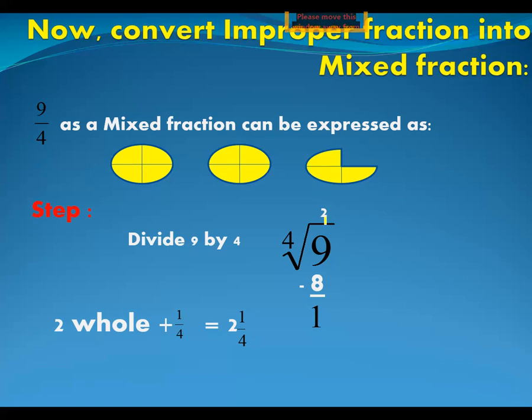And the quotient will be on the placement of a whole number. It means like this, you have to remember the positions of only two numbers, the whole part and the numerator's placement. Denominator will be the same. It means 2 whole plus 1 upon 4 will be written as a mixed fraction, as I have displayed it in front of you.